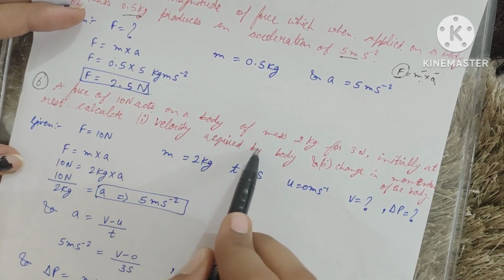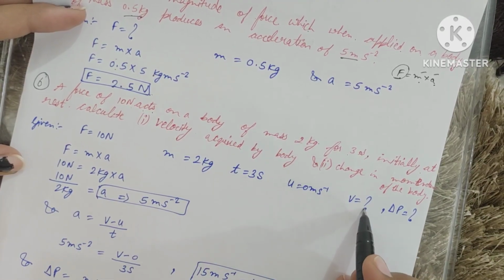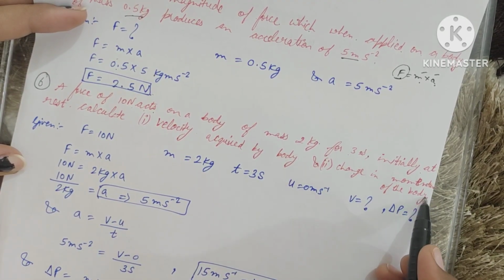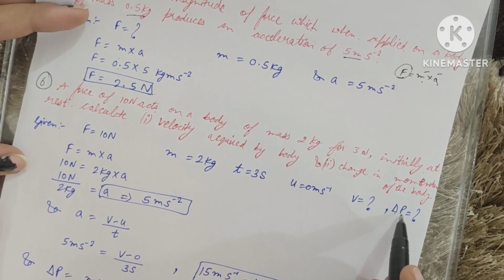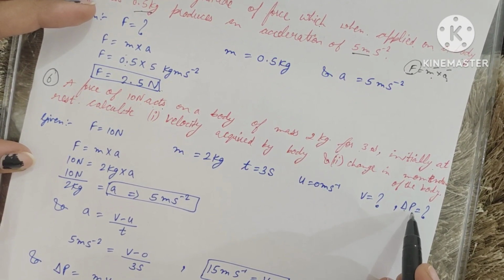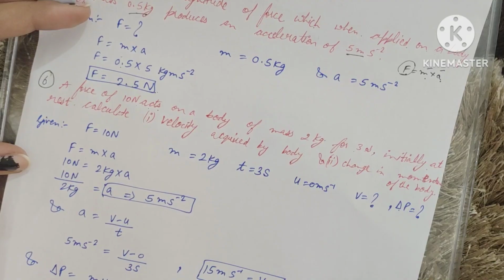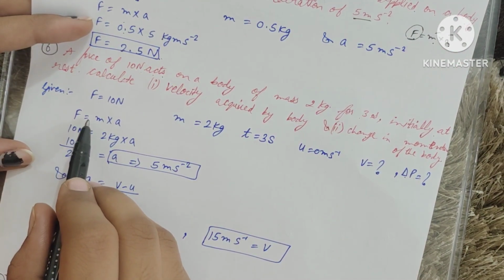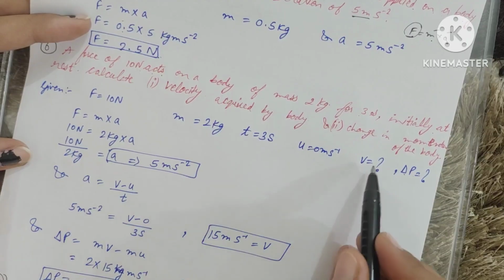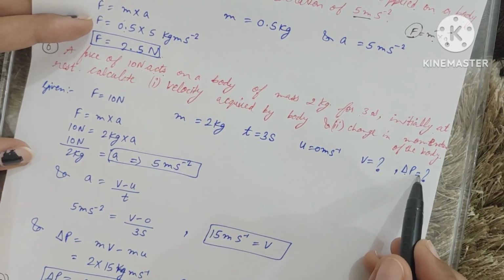Calculate velocity acquired by the body and change in momentum of the body, delta P. Change means delta. It represents the change in any physical quantity. But we have to find out from here now the V and P.